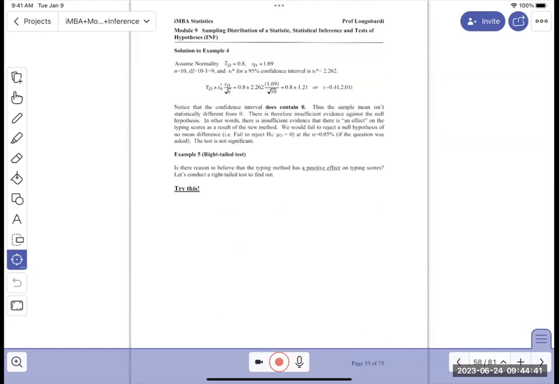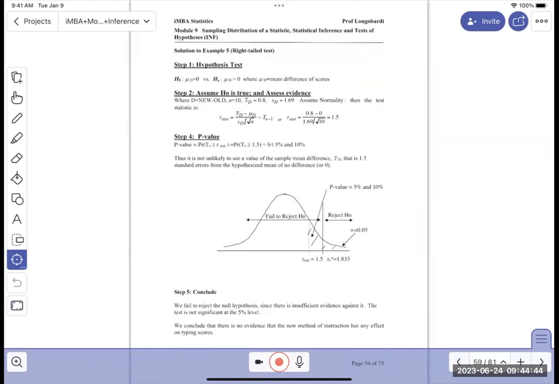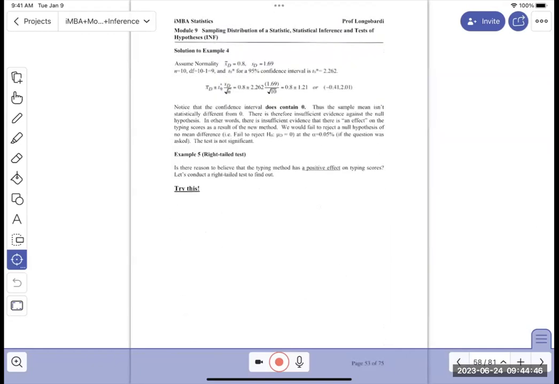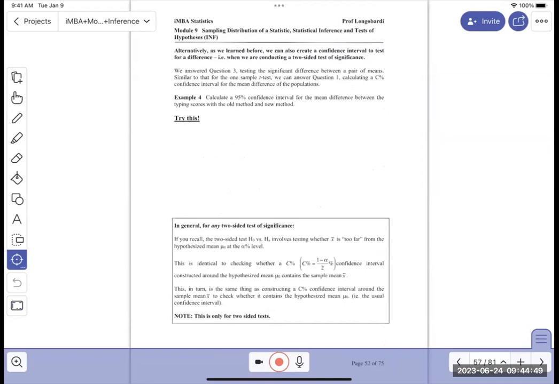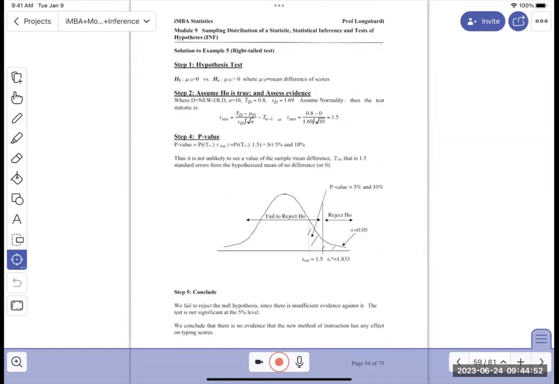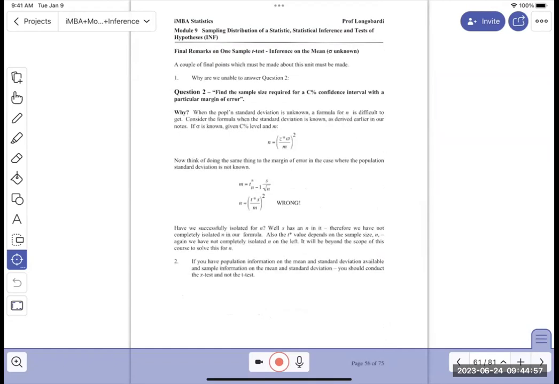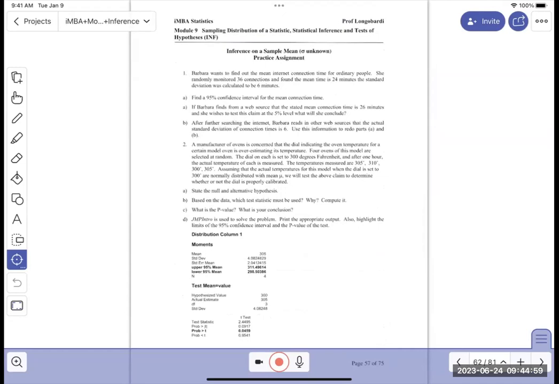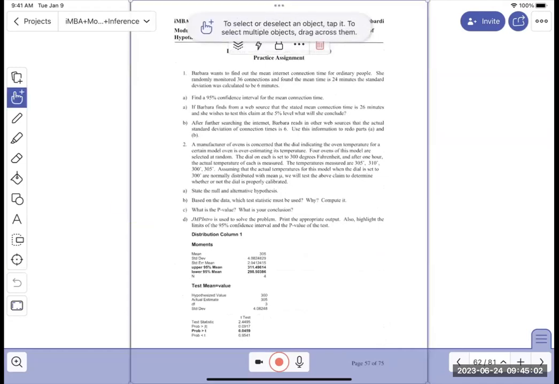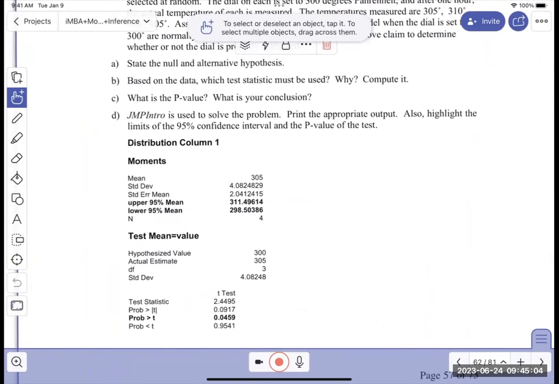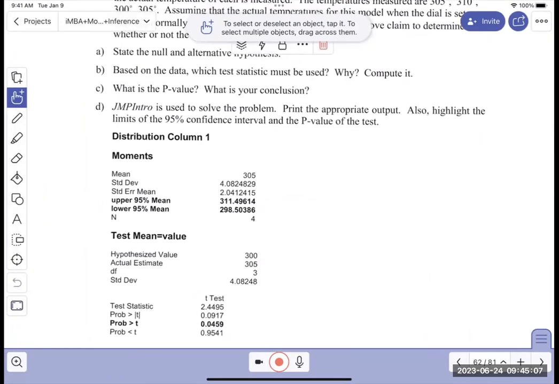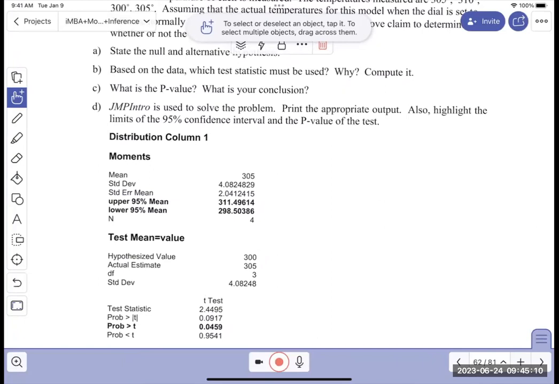Let's look at some of the results, the output. So we don't know anything about this problem. We just have some output.